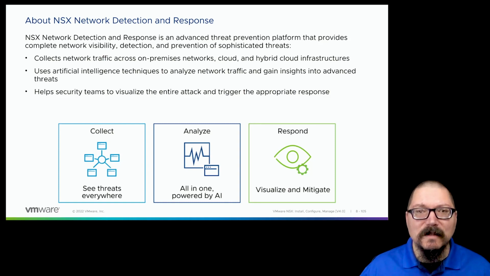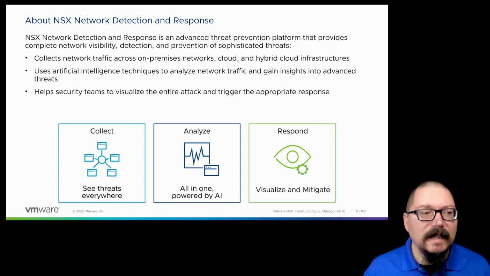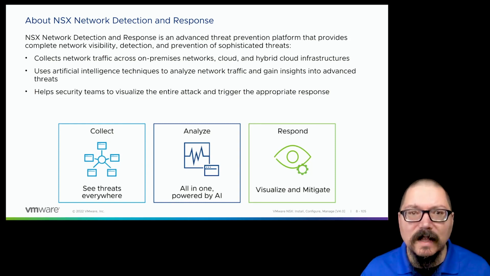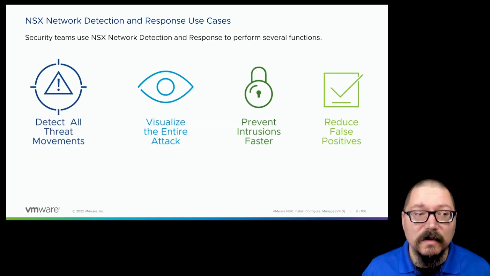Because it puts together all of these pieces and says, hey, all of these things might be related, and gives us a way to visualize and therefore start to mitigate threats to our environment.